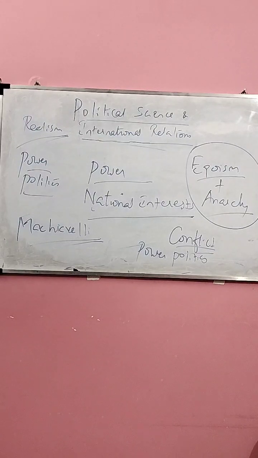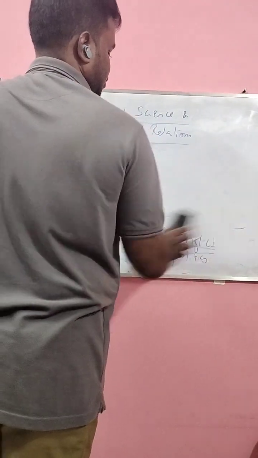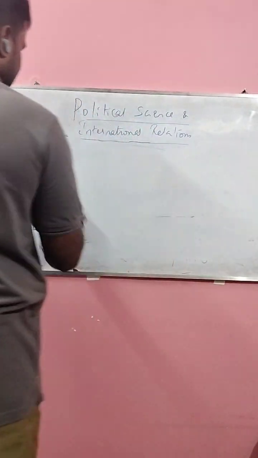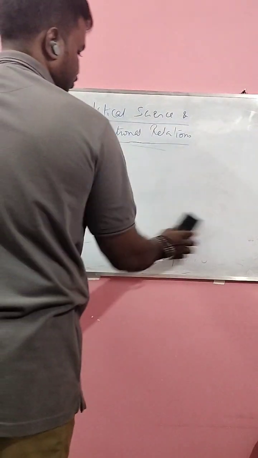In the Indian context, you are able to see realism in the philosophy of Chanakya, also called Kautilya. Chanakya was a realist. Chanakya was talking about international relations. So realism as a philosophy was seen in the ancient Indian philosophy.